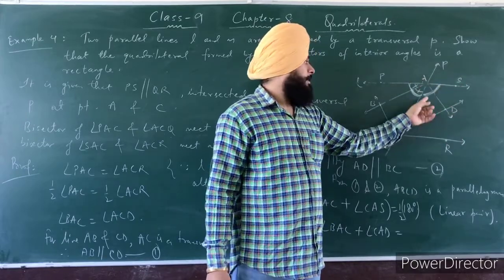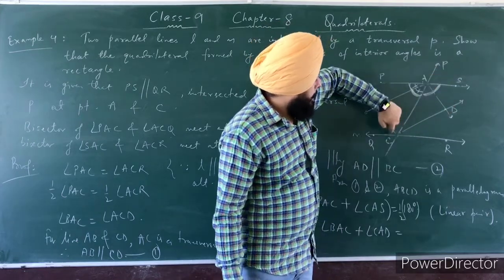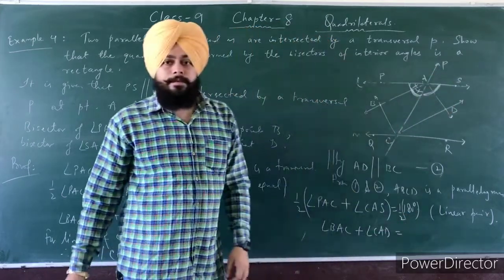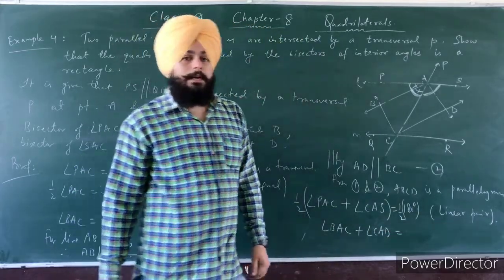If AD is a bisector, then these two angles are equal. Is equal to half of 180, and half of 180 is 90 degrees.